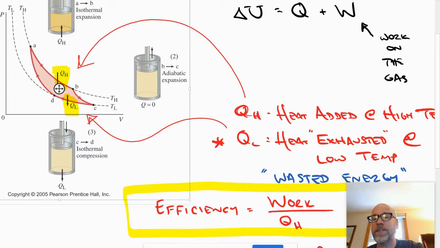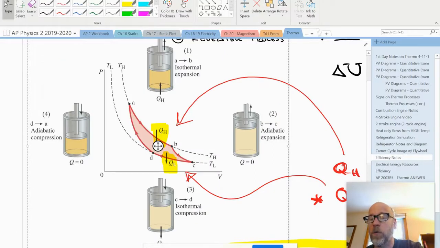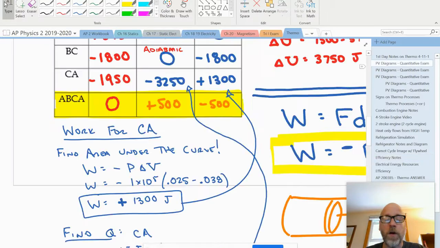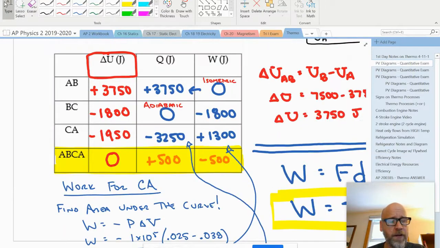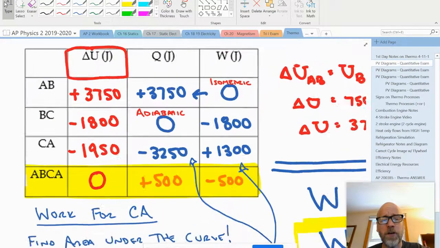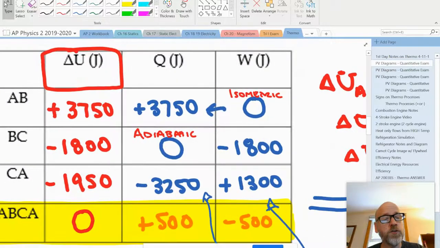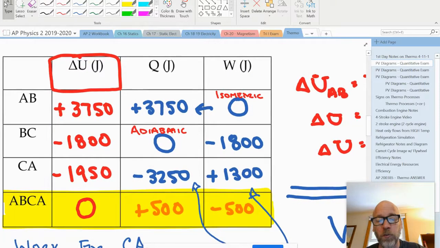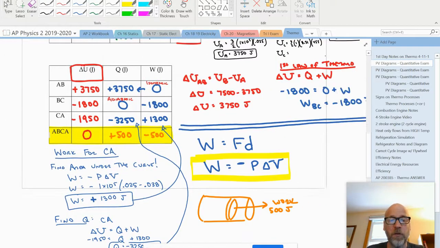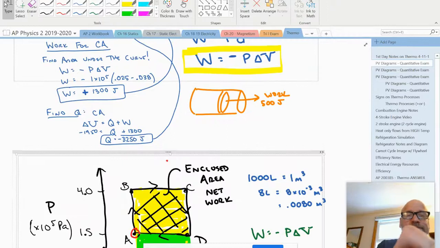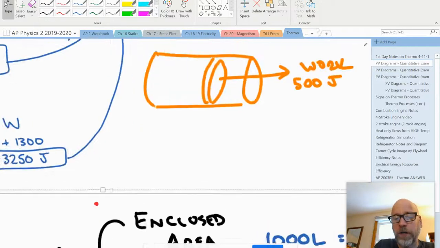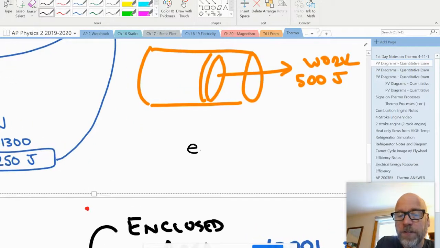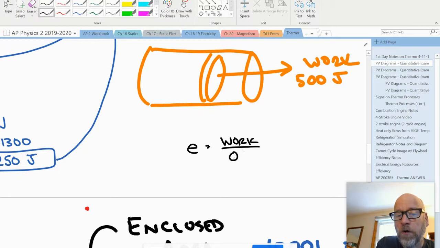I'm going to go back to that example again really quick, where right here we had 3,750 joules of heat added to the system, and we got 500 joules of work out of it. So the efficiency, I don't have a lot of space, but I'm going to say the efficiency would be the work over the heat added to the system.